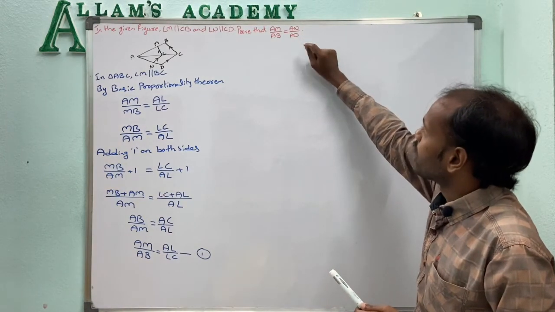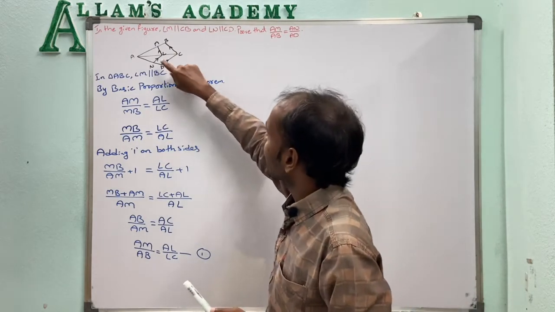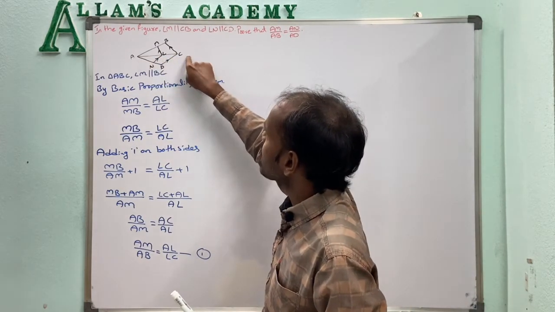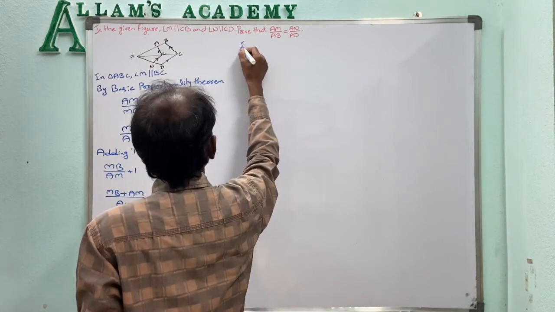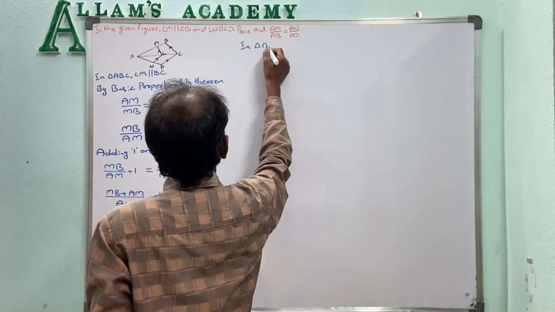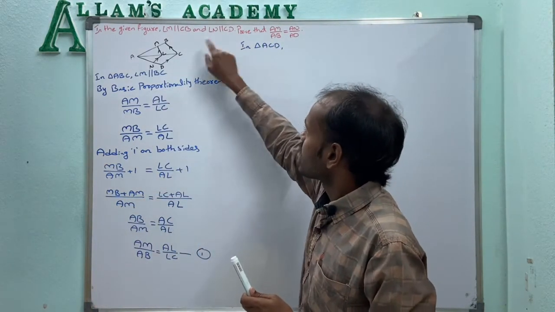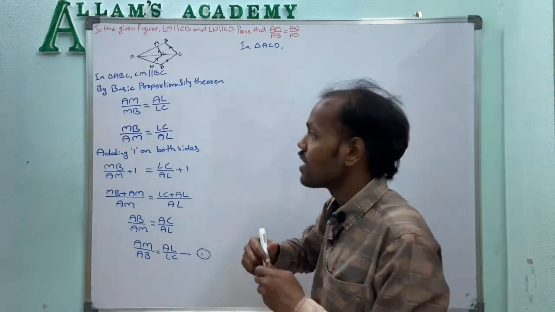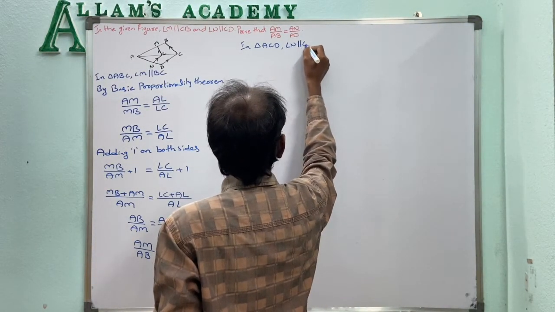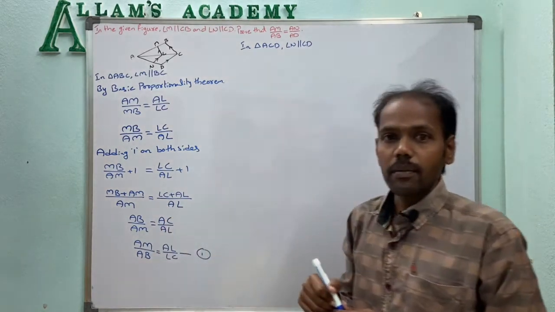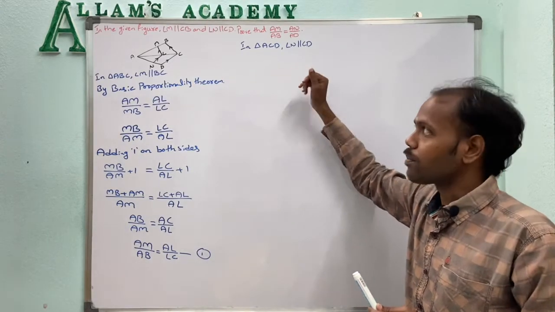Next we have to prove AN by AD. For that, we take the remaining triangle ACD. In triangle ACD, LN is parallel to CD, as given. Same as before, we use the basic proportionality theorem.